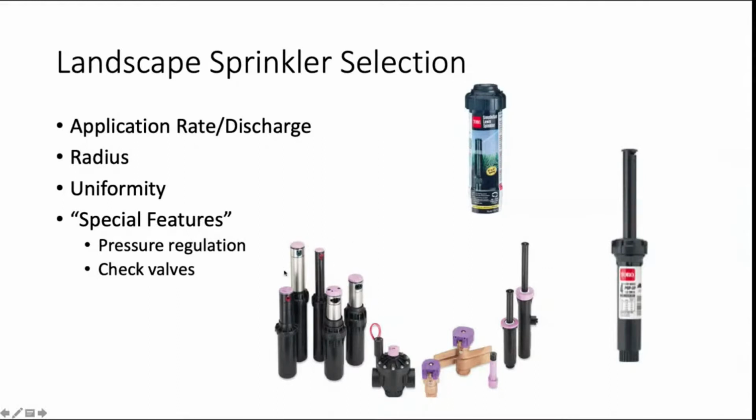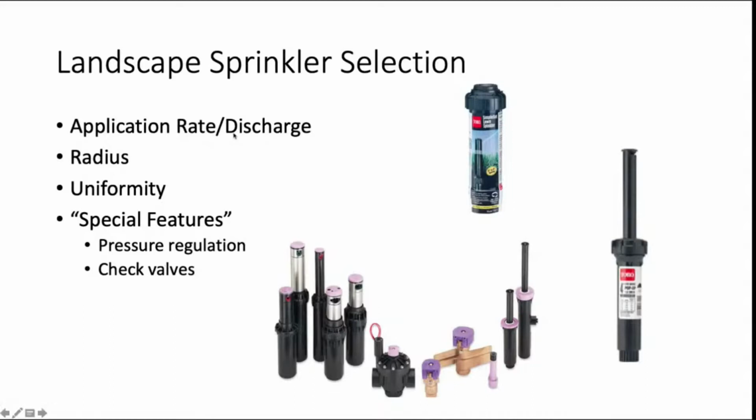They may be a little more robust in terms of corrosion, but really the same type of sprinkler. Special features you can get with even landscape sprinklers now for homes is pressure regulations and check valves, such that if you turn the water off, it doesn't all flow out of the head. It will check it out.